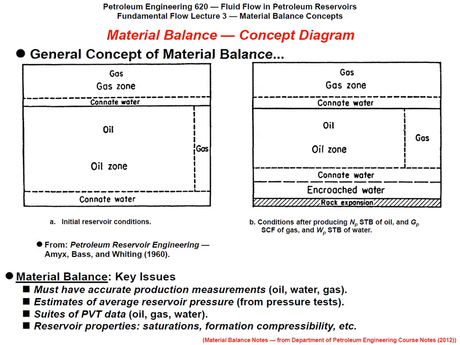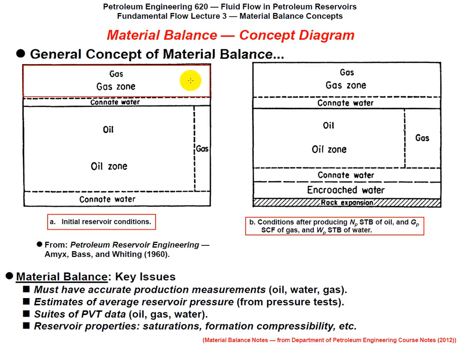Very good. Okay, so here's the concept of a material balance. You have the before and you have the after. And what you notice is you have a gas zone.